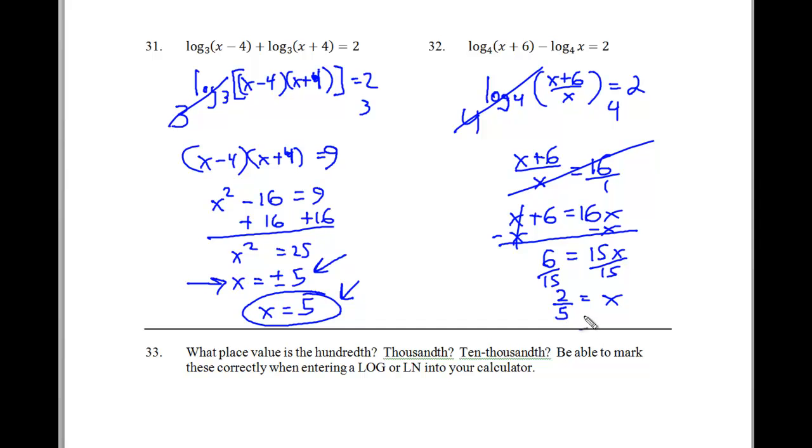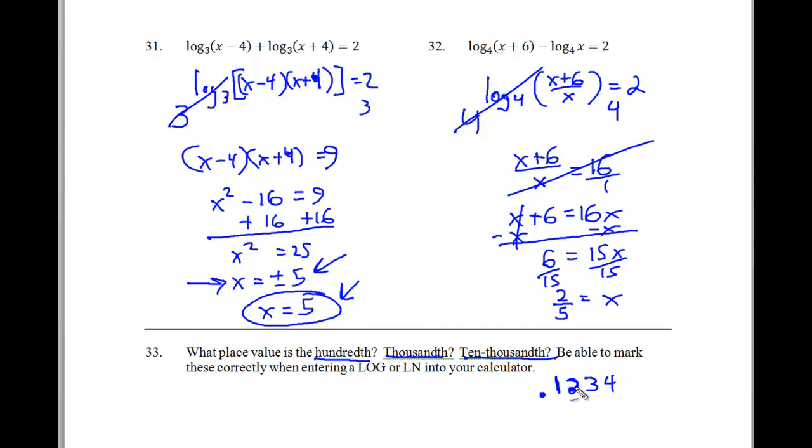fifths, or 0.4. Now, the warning here is about place values: the hundredth, the thousandth, and the 10,000th. Be able to mark these correctly when entering log or natural log on your calculator. So the test is going to ask you to round to the nearest hundredth, the thousandth, or the 10,000th. And I just want to illustrate this: after the decimal point, this is the tenth, the 2 is the hundredth, the 3 is the thousandth, and the 4 is the 10,000th.